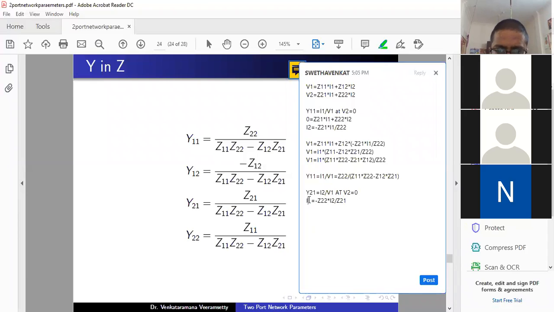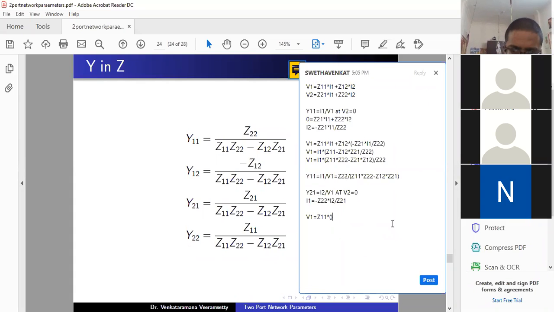Now replace this I1 expression here. We are getting this equation from here, and this equation from here, by replacing V2 equal to 0, right? Now replace this I1 here. Then the first equation becomes V1 equal to Z11 into I1.